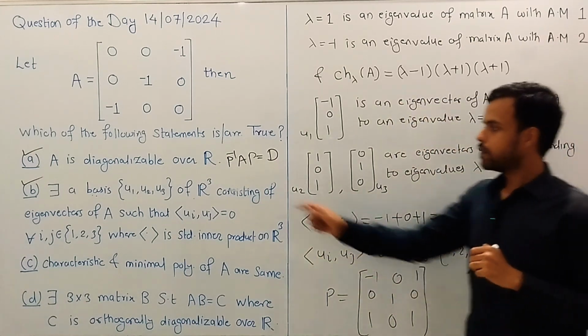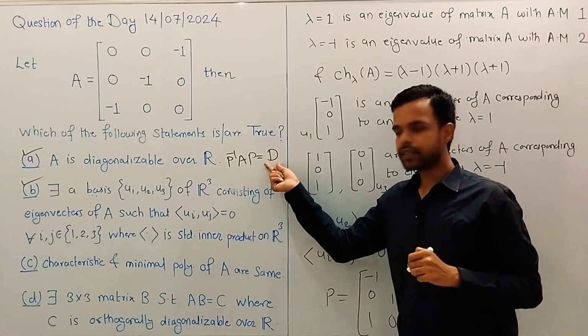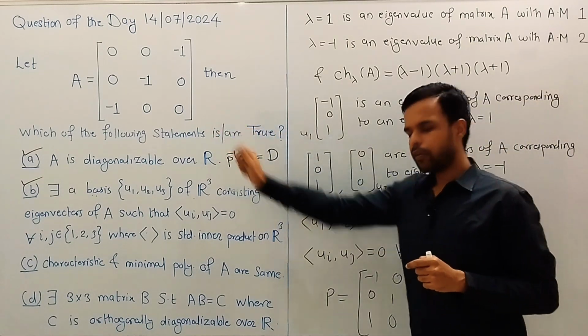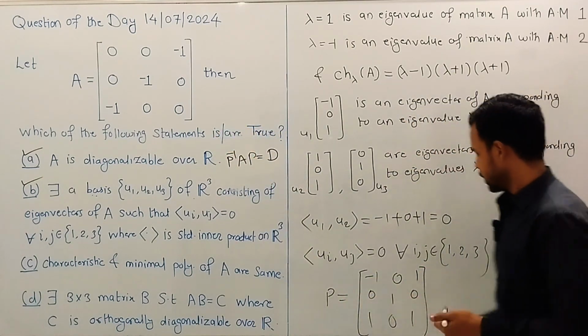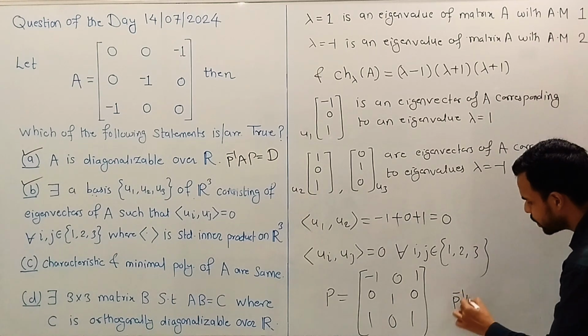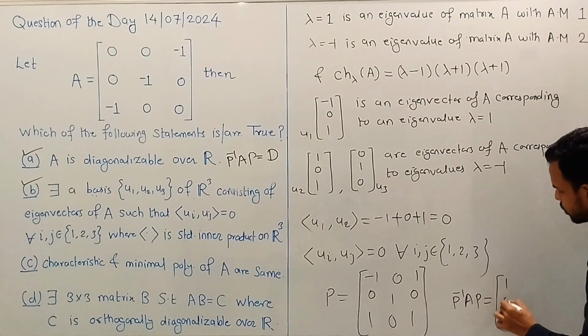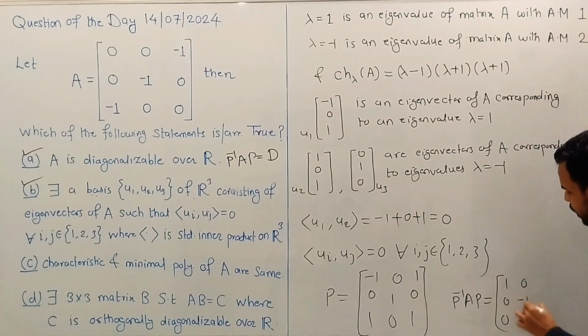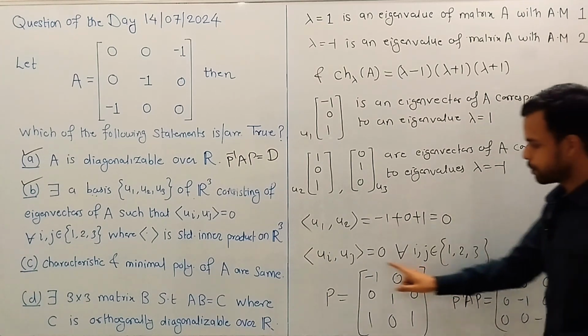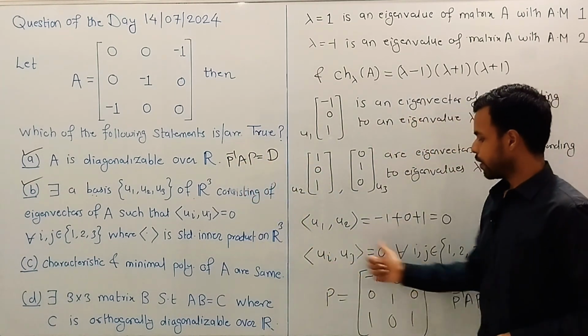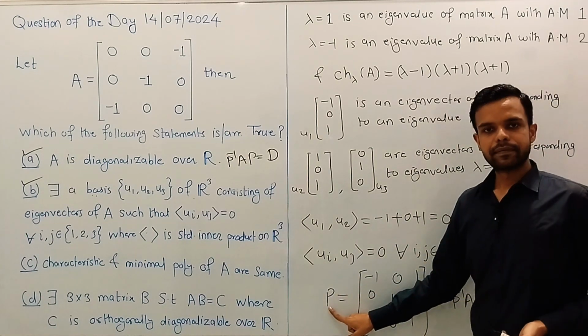If it is, then P diagonalizes A, and you can simply verify that in this case P inverse AP is equal to the matrix 1 0 0, 0 minus 1 0, 0 0 minus 1, which is a diagonal matrix. So this matrix P diagonalizes the matrix A. So this is the required matrix P.